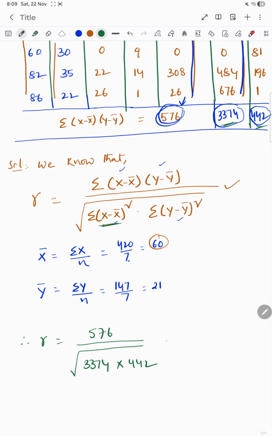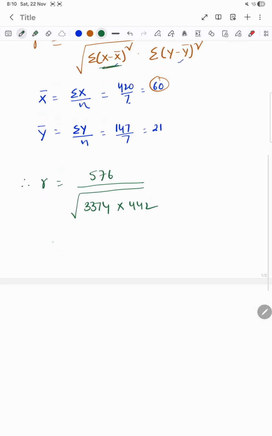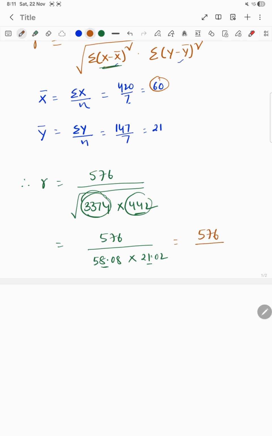Now this implies 576 divided by, now what you can do is take a calculator and take square root of 3374 and square root of 442. If you take square root of 3374 in the calculator, it is 58.08. If you take square root of 442 in the calculator, it is 21.02. Now this implies 576 divided by, now you multiply 58.08 and 21.02.